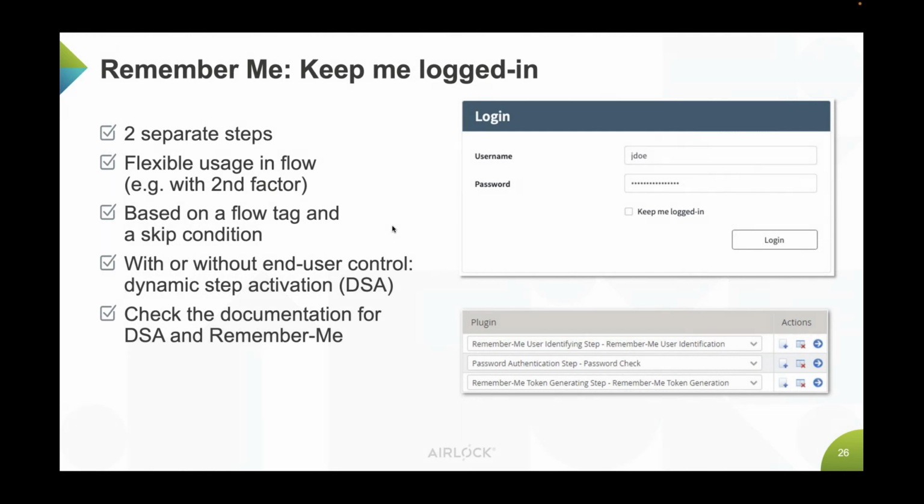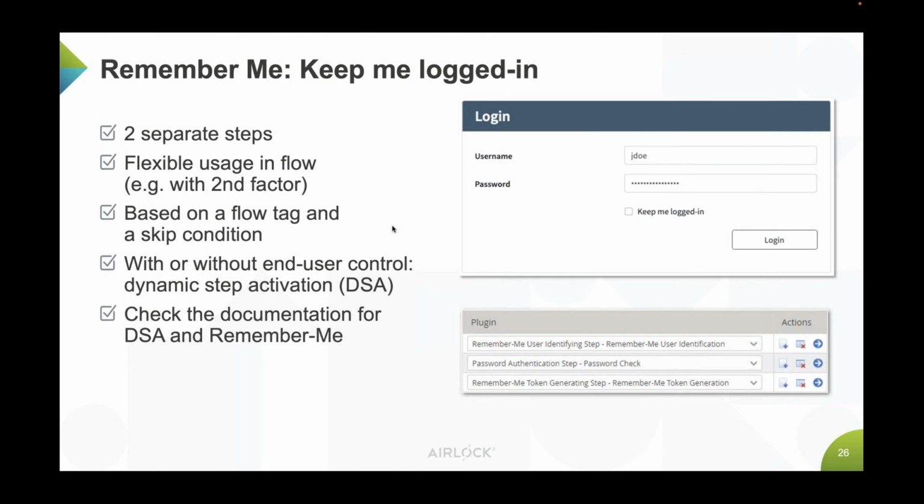As you see here, you can, of course, combine it with any authentication flow, adding a second step after the first 2 steps, or do whatever you like in the flow. So it's a lot more flexible. If you're interested in that, what you should definitely look at is the dynamic step activation feature, because it's based on that.